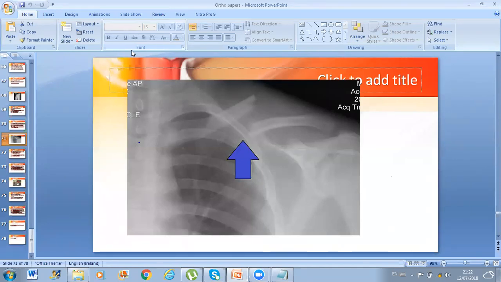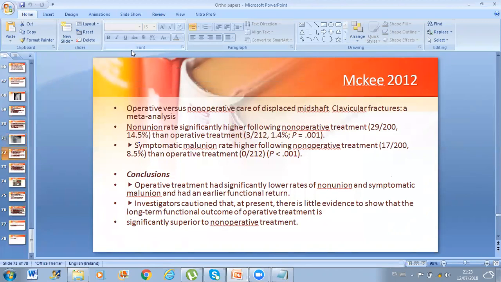You know who devised these indications? His name was McKee, 2012. He compared operative versus non-operative care of displaced midshaft clavicle fractures. Before this, we were managing conservatively, but 2012 was a landmark article. Before it, they were quoting that the non-union rate is higher in the operative group than the non-operative, so do not operate.